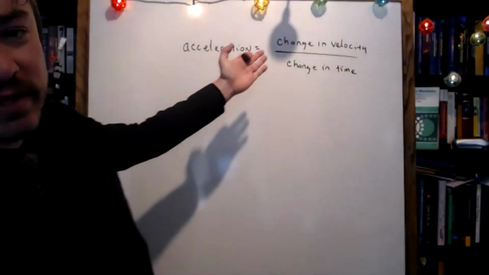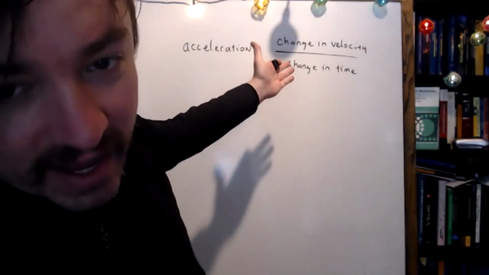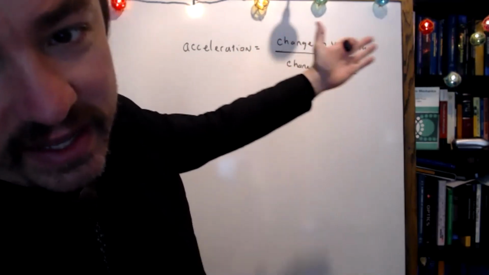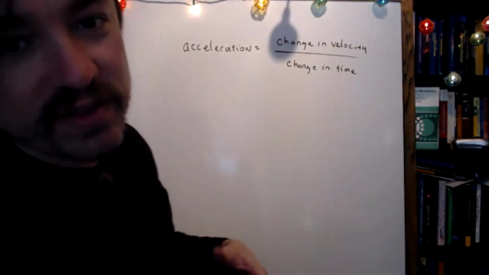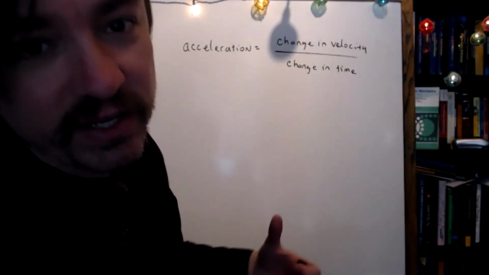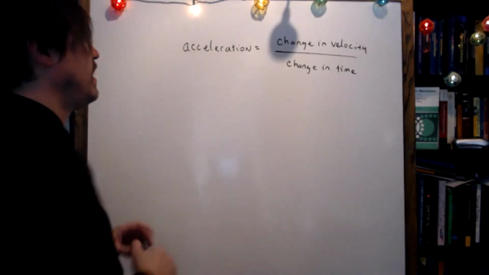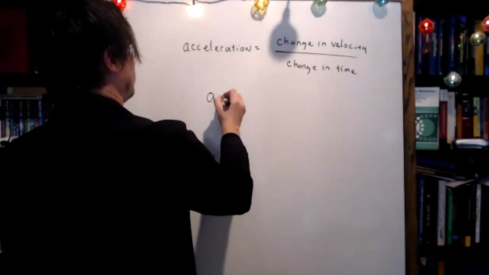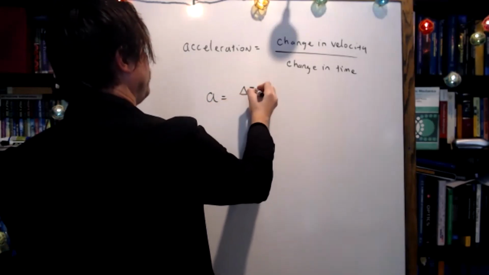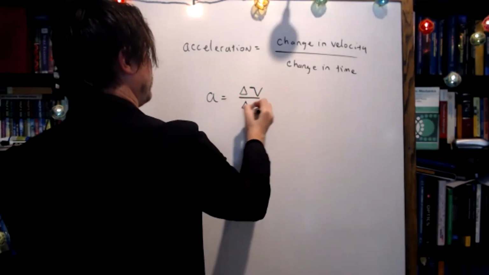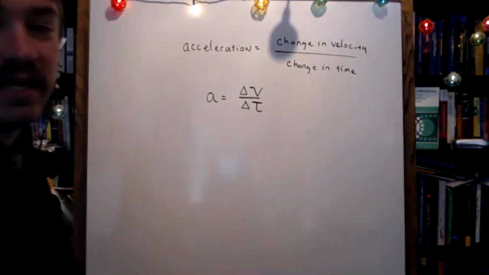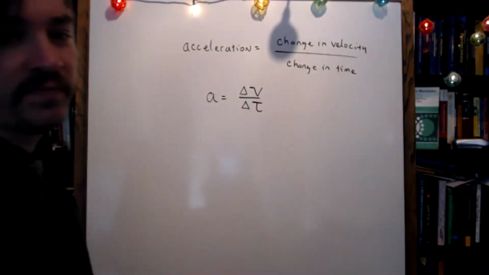Although, since everything takes time, nothing is truly instantaneous, you might say that an acceleration is simply put a change in velocity. And usually when we write down an acceleration, we write it using those delta symbols that I was showing you last time. Delta V over delta T.